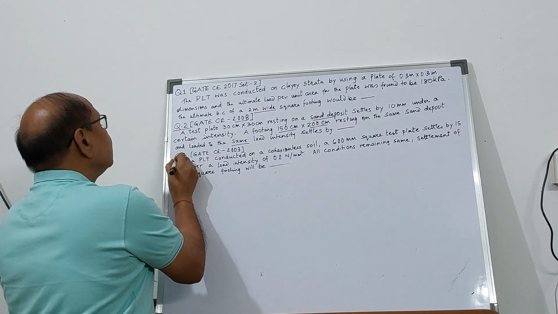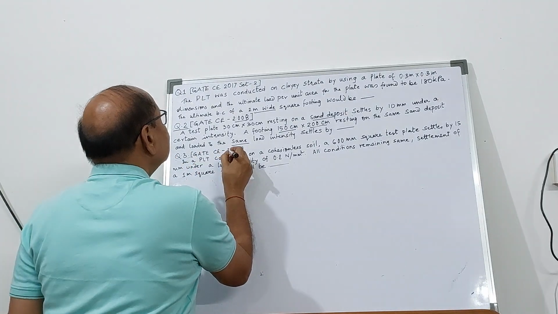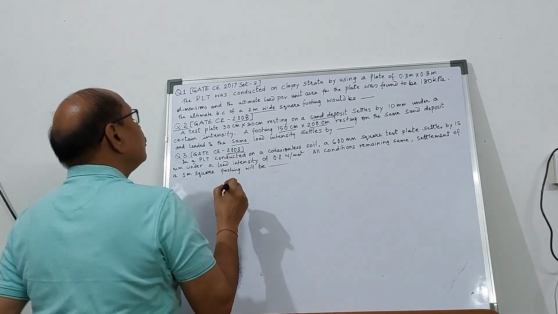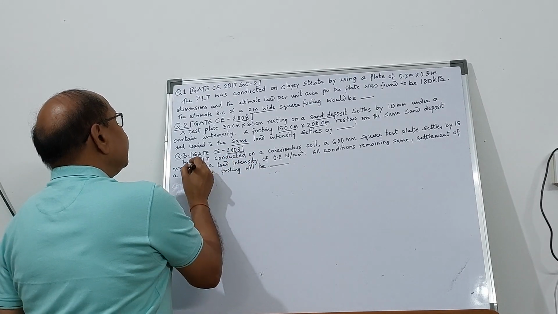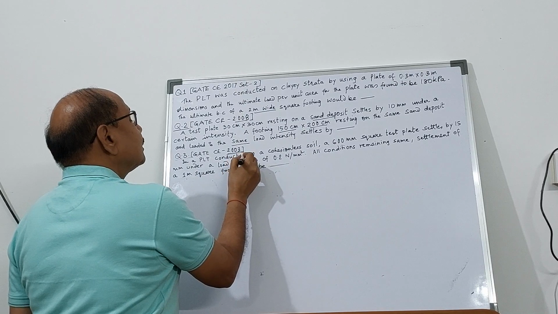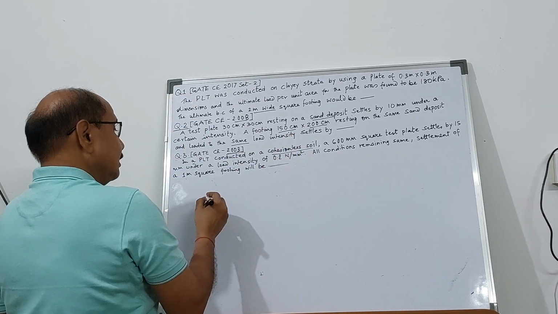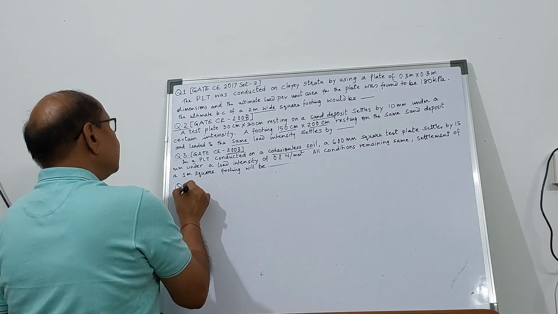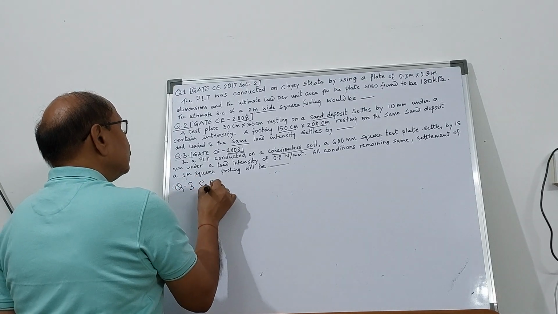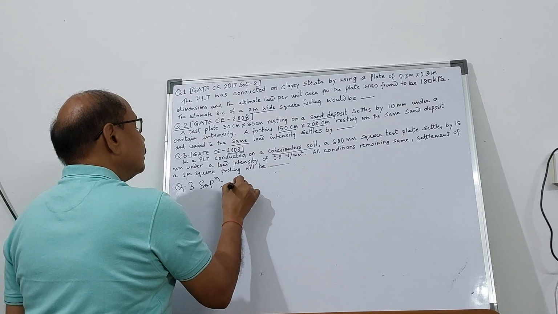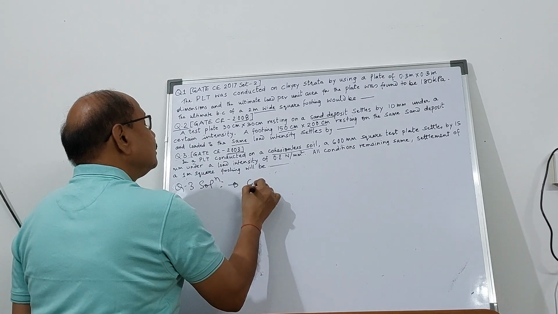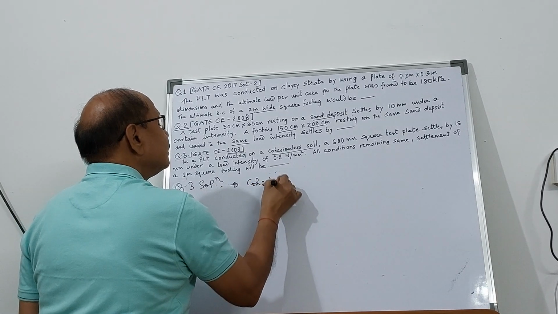The third one, let us see what this is. This was asked in GATE 2003. In a plate load test conducted on a cohesionless soil. Again, the soil is cohesionless. So here, question 3 solution. Type of soil is very important. It is cohesionless.